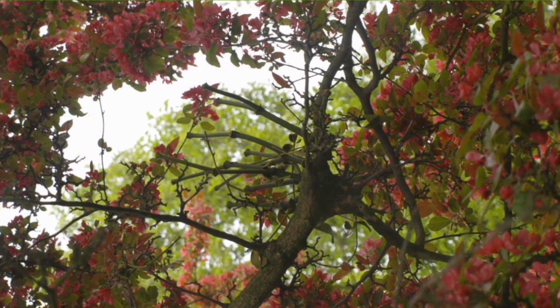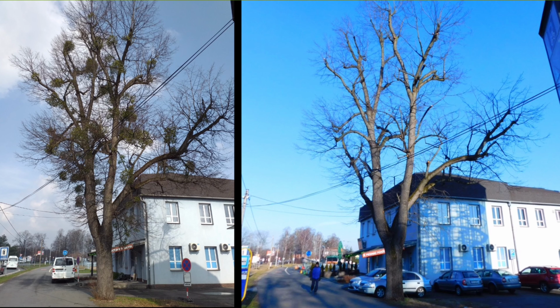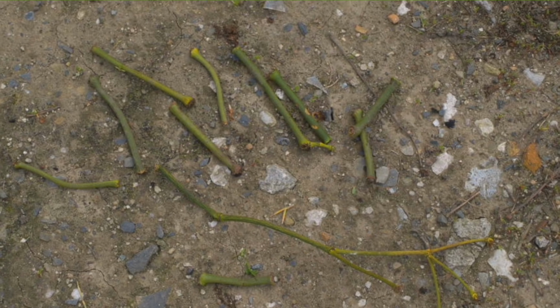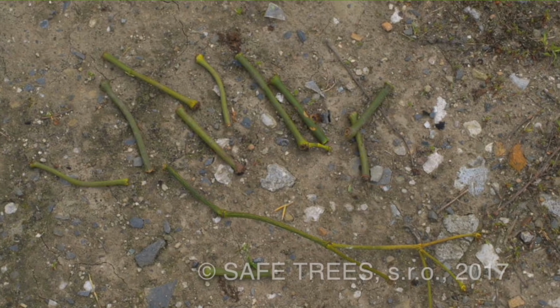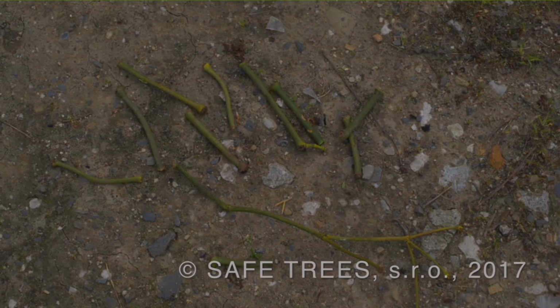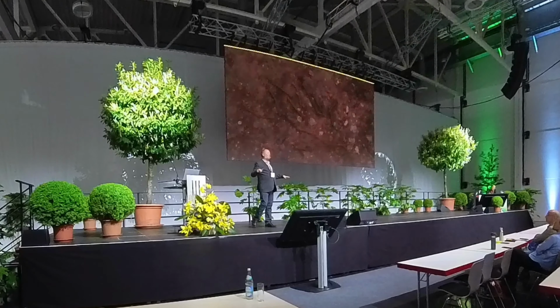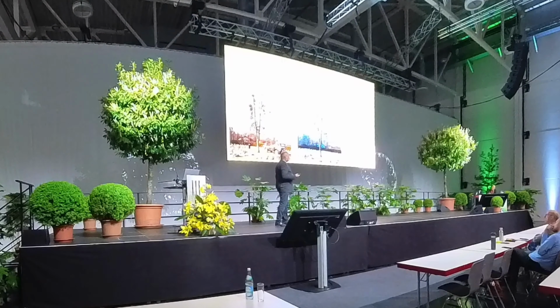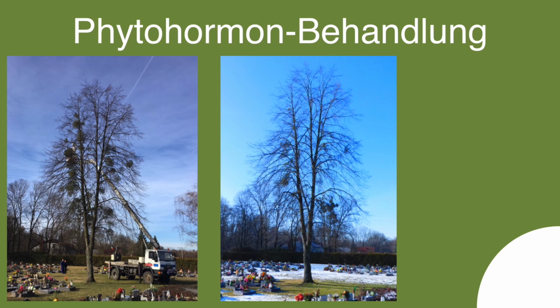So this is one of our first trials when we did this treatment, and the mistletoe really was disintegrating very quickly. Sometimes we've got very good results, and at one spot we did quite a lot of trees, and the tree manager was very cross with us because after a week the ground was covered with the mistletoe remnants. So the result can be very quick, and sometimes it's very convincing.